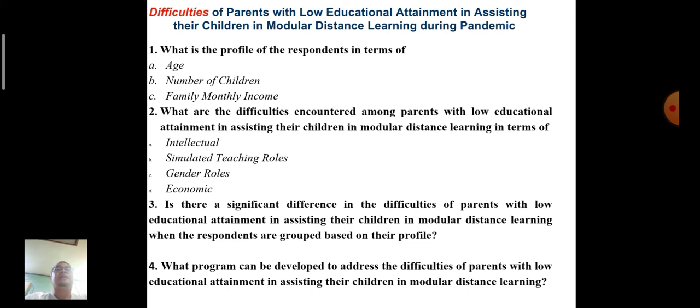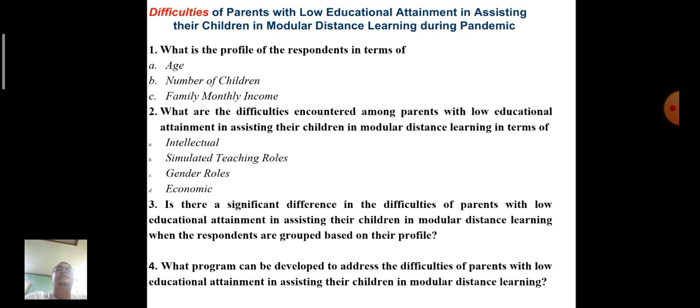family and monthly income. So usually, most of the time, this is a common question in the statements of the problem, no? Because we wanted to know different profiles and how they respond to the main question of the research, no? So, which is number two, no? From the title, you can see that number two is coming from the title of the research itself.